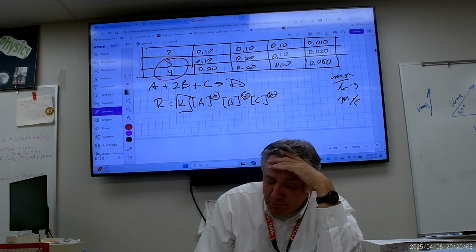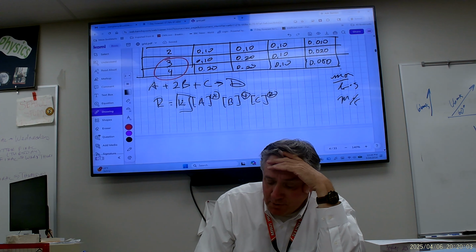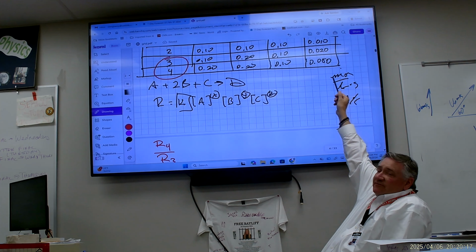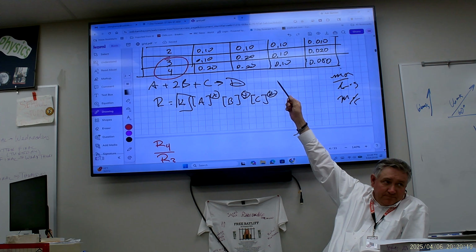Now, I'm going to put reaction 4 over reaction 3. And the reason I'm going to do that is because that way, on my rate, I'm going to take 0.08 and divide that by 0.02. Okay? That way I avoid fractions, and you know how I feel about fractions.